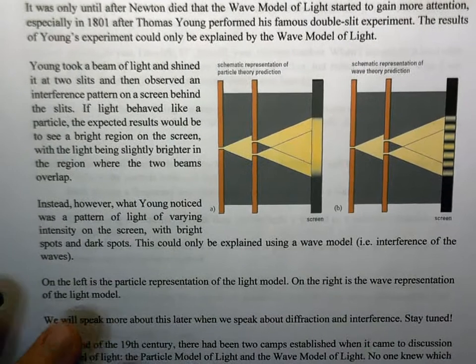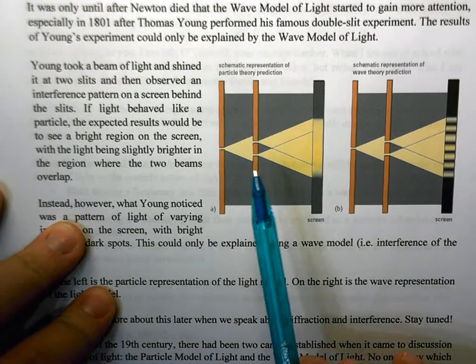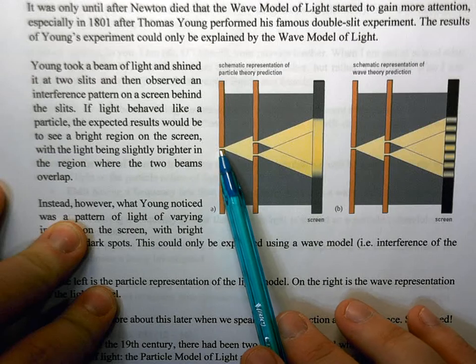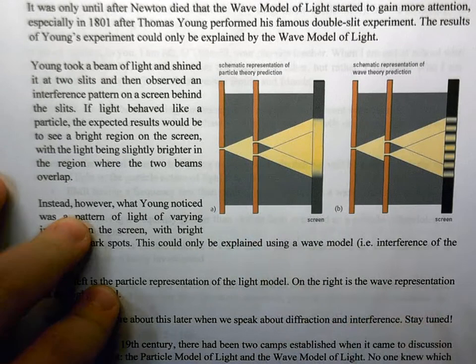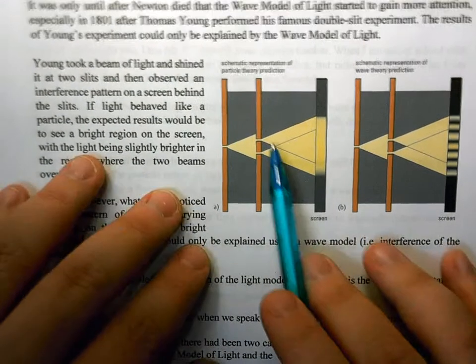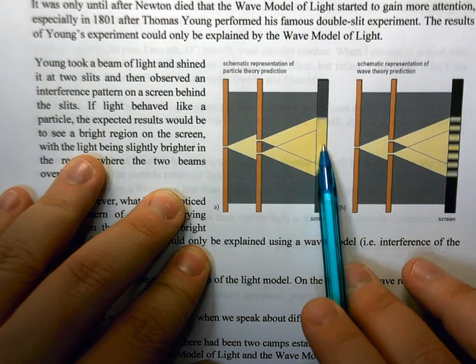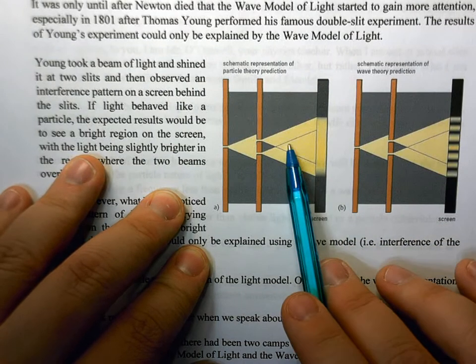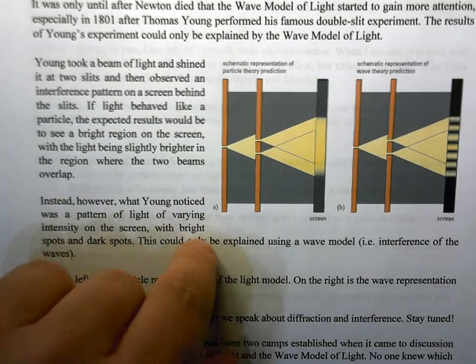We're going to talk about Young's double slit in much more detail later. What he did was take a beam of monochromatic light and split it into two beams. According to the particle theory, when these two beams come out of the slits, we would expect them to shine on the wall, and where the beams overlap with one another, we'd expect it to be a little brighter.